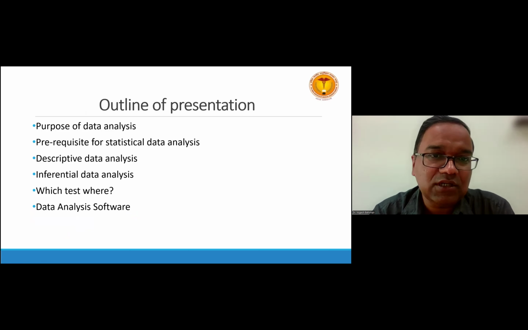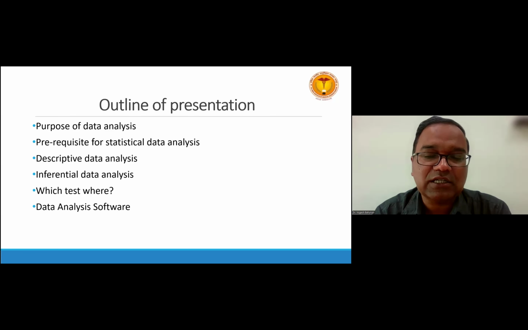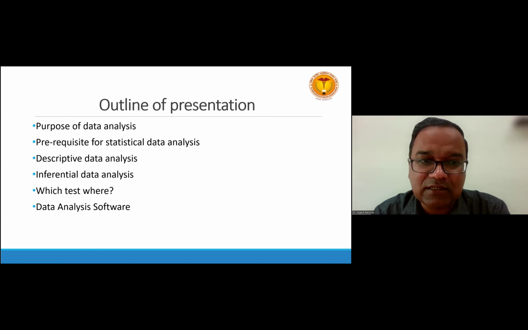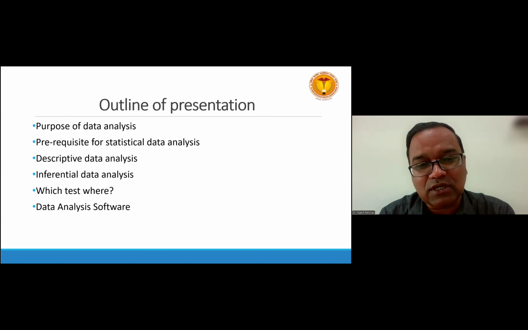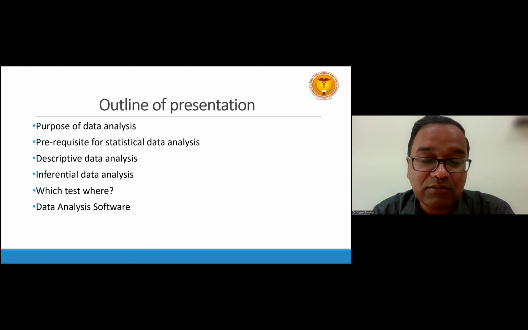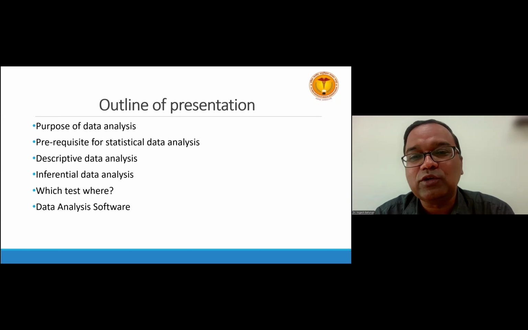So throughout this session, I'll discuss certain things regarding statistical analysis with you, which starts with why we need to analyze, what our prerequisites for data analysis are, what descriptive data analysis is, and inferential data analysis. I'm going to take you through certain basic statistical tests, how we decide upon them, and some of the open access softwares. But I'm just going to list the software because of paucity of time. We won't go into details of the softwares.